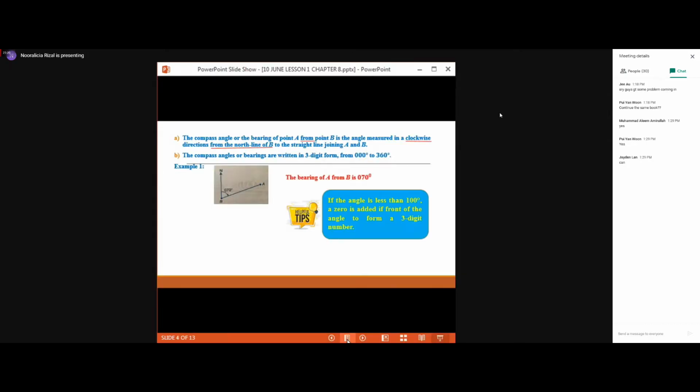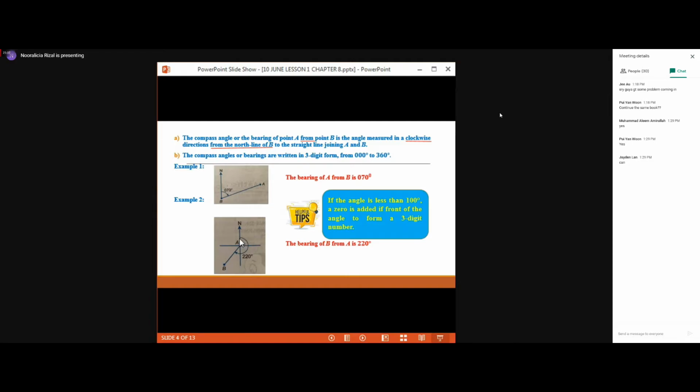I changed it already for you all. So it should be bearing of B from A. If I follow the diagram, you see here from A is the north line, and we want to find the bearing of B.